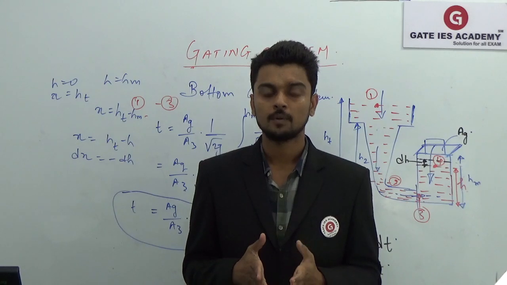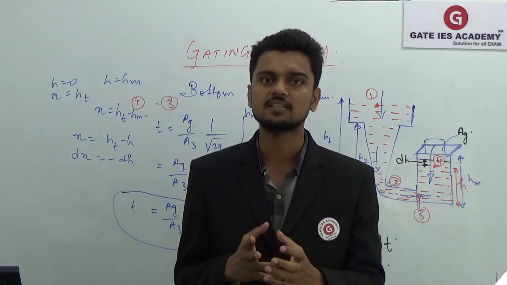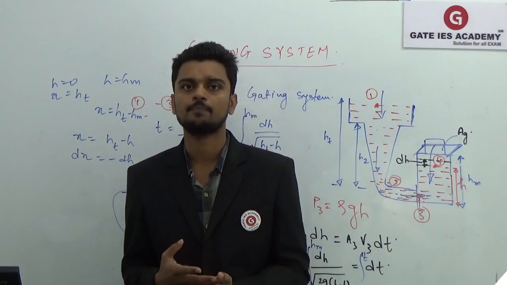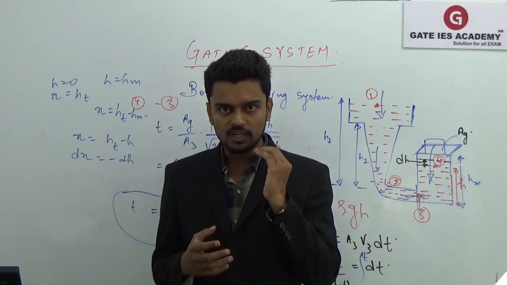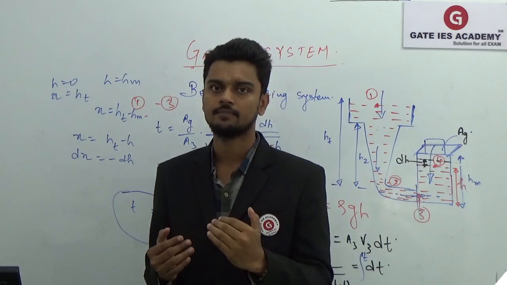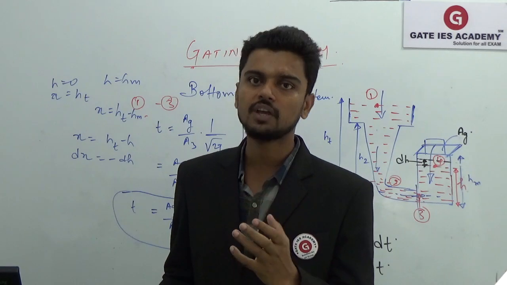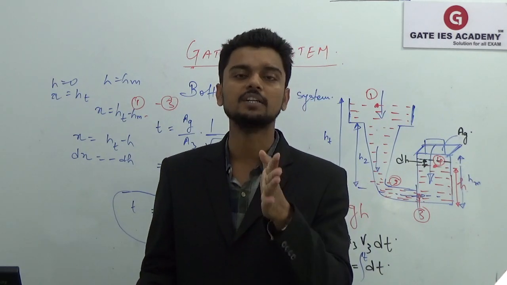So that problem with the bottom gating system is avoided by using the side gating system. In side gating system, molten metal enters into the mold cavity from the side. Either we can have one gate or a number of gates on the side of your cavity.